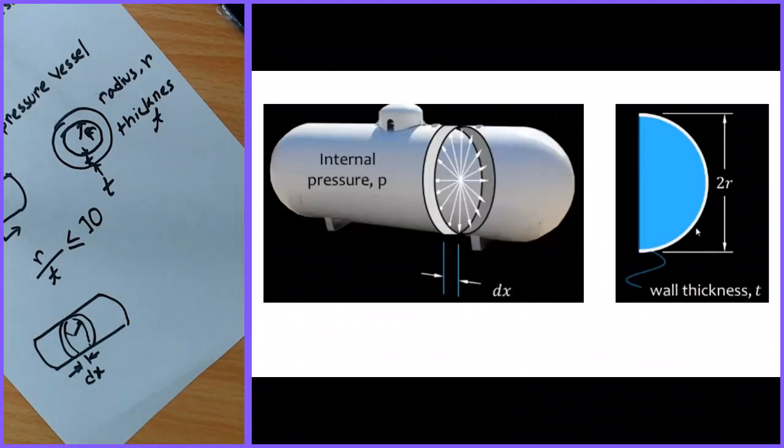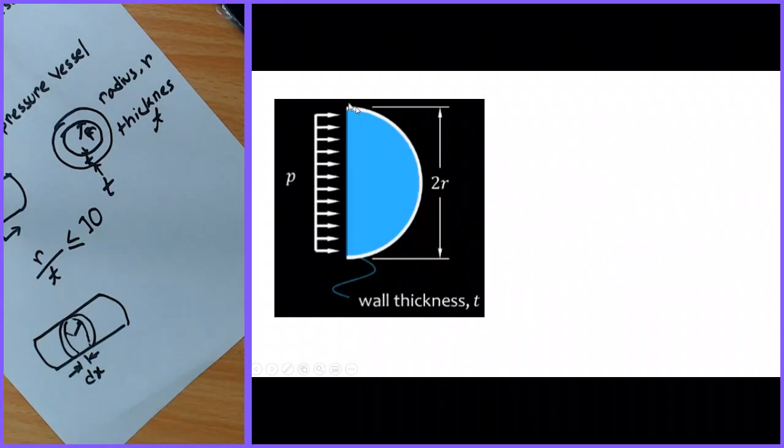The radius of this cylinder is r, so the diameter is twice r, and the thickness of the wall is t. There is an internal pressure P exerted on the wall of the cylinder, and it acts on this segment.